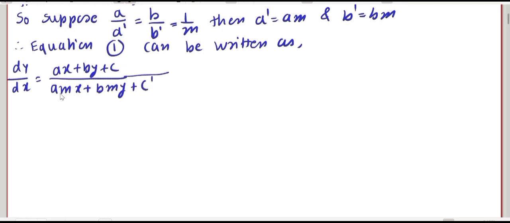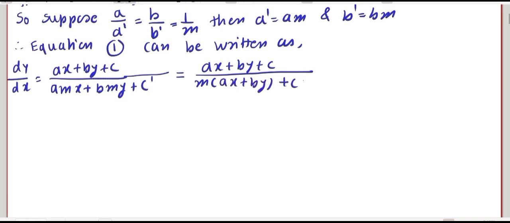Now taking m common from the two terms, we get ax plus by plus c divided by m into ax plus by plus c dash, equation number 4. On putting ax plus by equal to v.